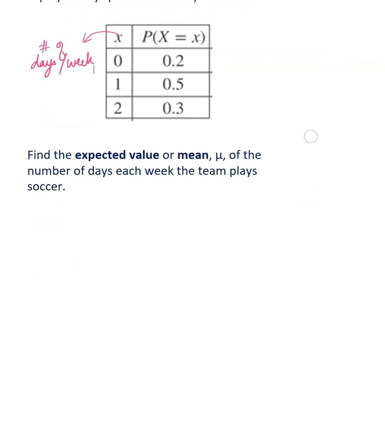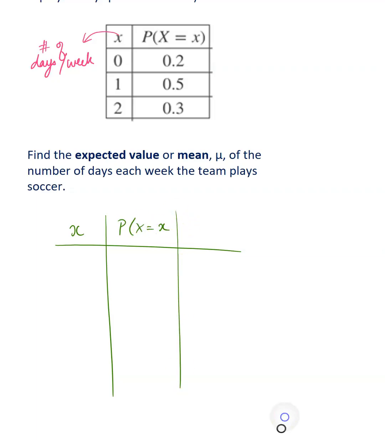So let's draw the table again. Thankfully it's a short one, so we can do it one more time. And remember, we wanted another column. That will be x times p of x. So we already have 0, 1, and 2. This will be 0.2, 0.5, and 0.3.